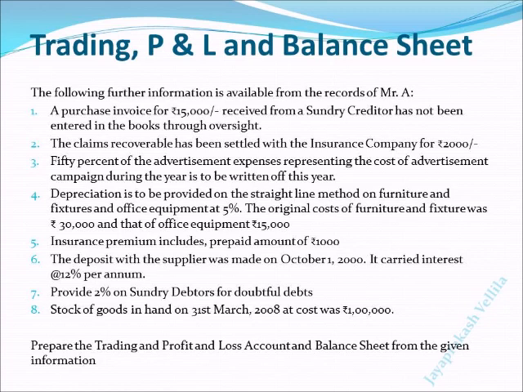So the firm A has a deposit with the suppliers, that is creditors, which started from October 1st, 2000. That means there is only a 6-month period. Then the firm gets interest for 6 months. That will be an income for the firm. So we need to find out the interest for the firm. That should be reflected in the profit and loss account.